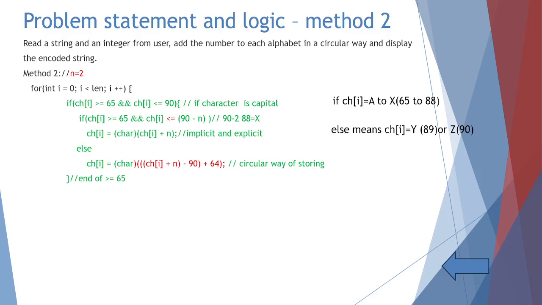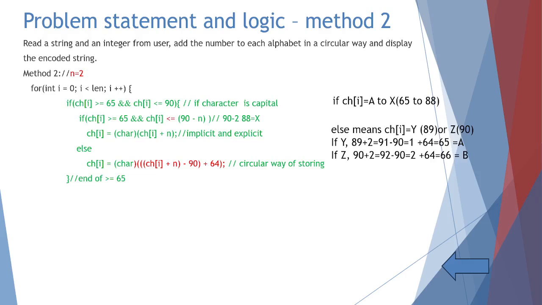Let's understand ch of I plus n minus 90 plus 64. What is meant by this? Here, there are two cases. We know that if the character is y, then ch of I plus n, that is 89 and 90. Codes are y and z, 89 and 90. We know that.